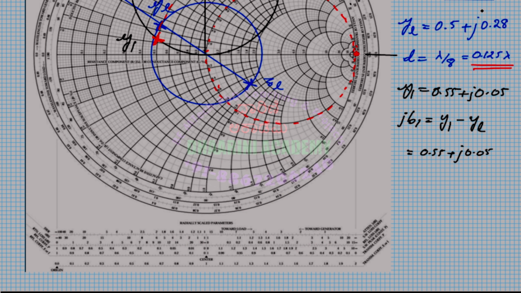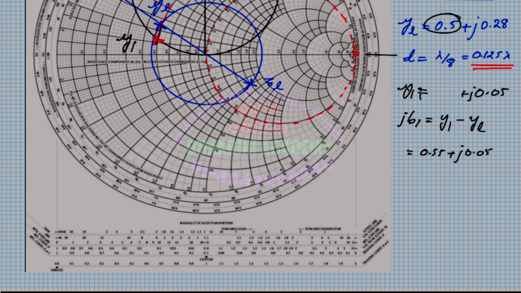Because you see, if the YL is 0.5, the y1 also should have the same 0.5, because it's the same line I'm moving, correct? So it should be 0.5. I'm expecting a purely imaginary answer.